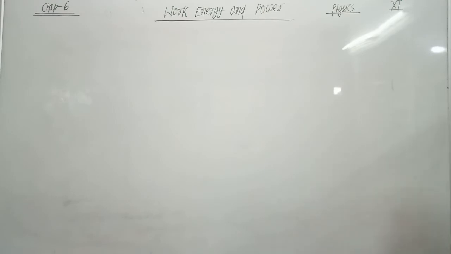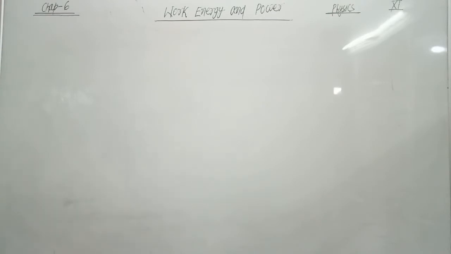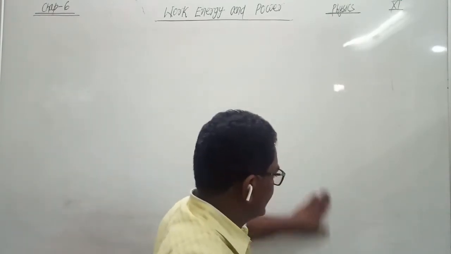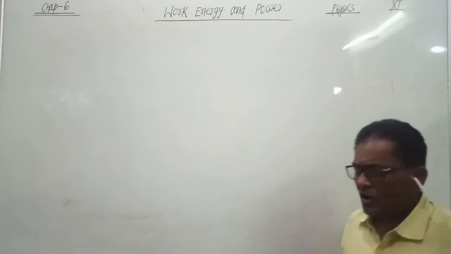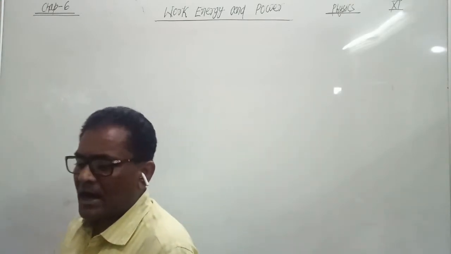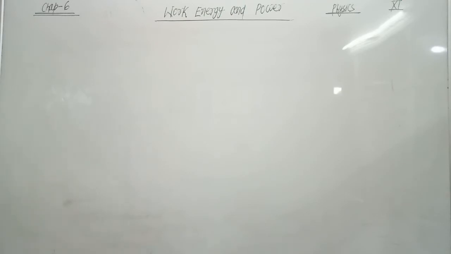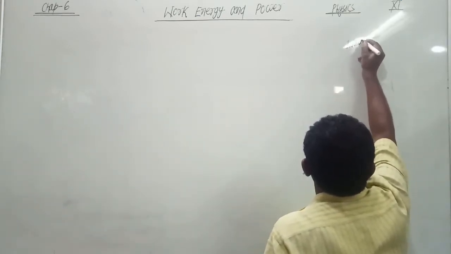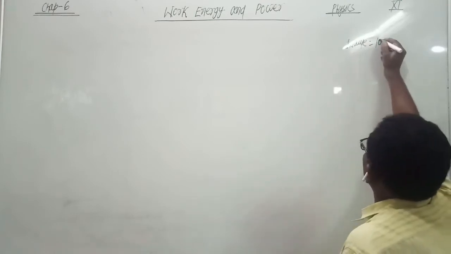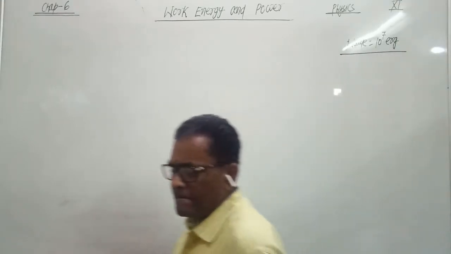The unit of work done in the SI system is the joule, and in the CGS system of units, the unit of work is the erg. The relation between joule and erg is 1 joule equals 10 raised to the power 7 erg, which we have seen in our previous video.